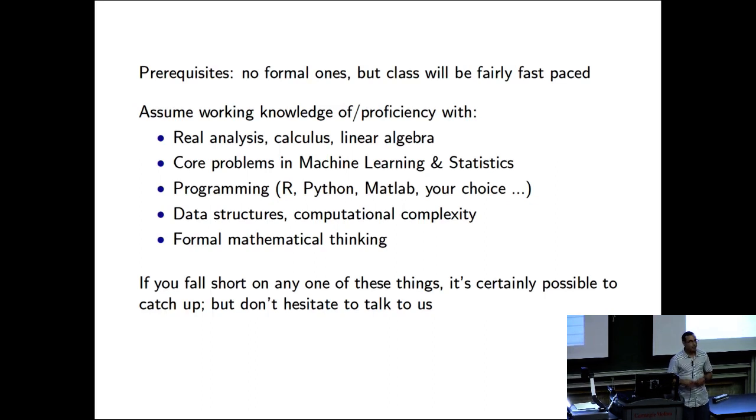So you have to be comfortable with some level of formal mathematical thinking. We might hit on topics outside of these things like analysis, calculus, linear algebra, and we're just going to assume you're comfortable with rigorous mathematical thinking. So I think you could take the course and do well if you didn't have all of these things, but it would require you to be active in catching up. So come talk to one of us if you're finding that you're falling behind.